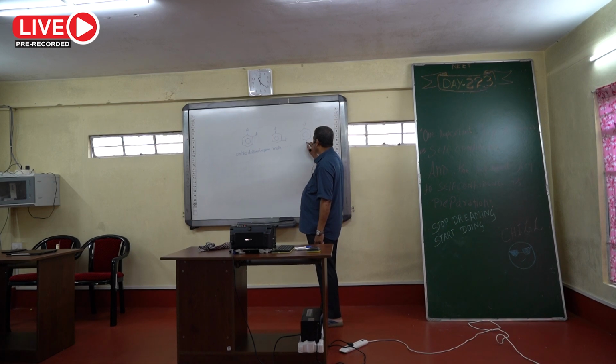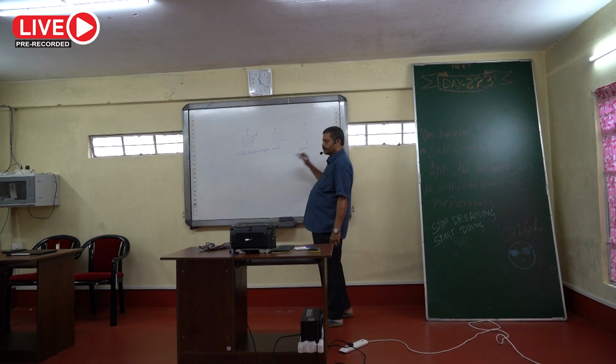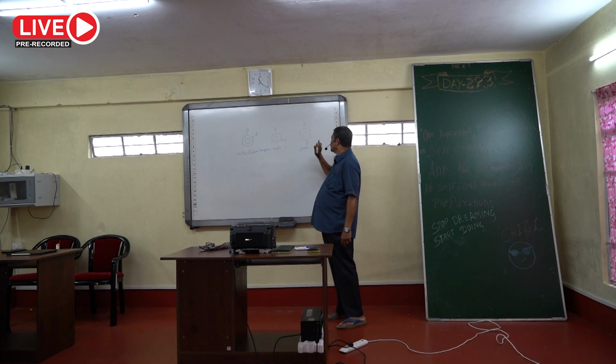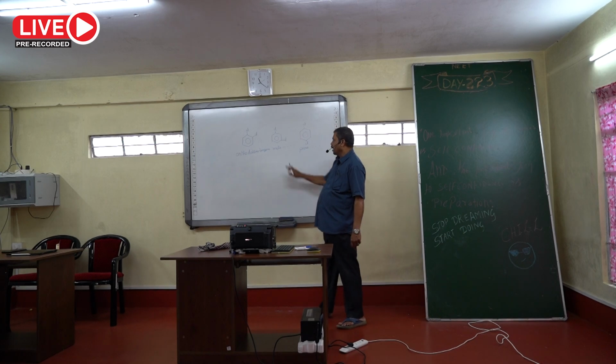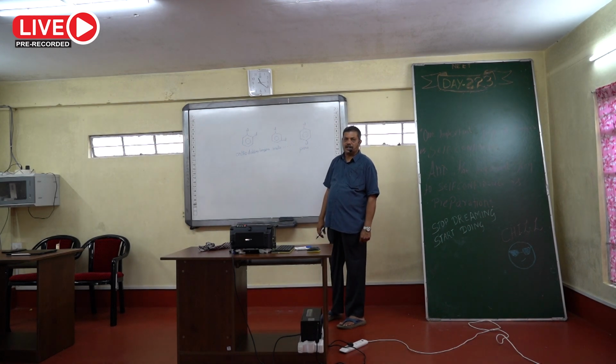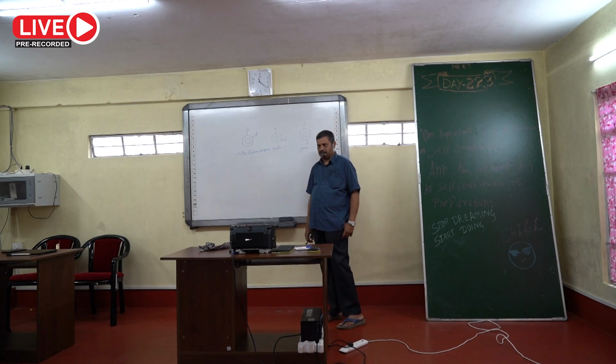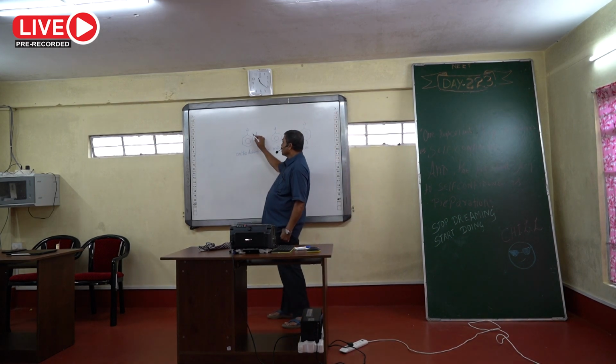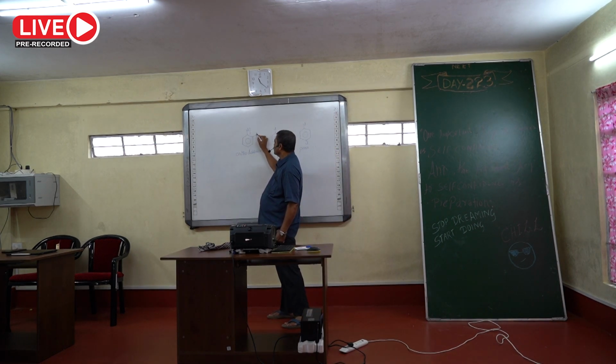This is para-dichlorobenzene. In the IUPAC system, the first one is called 1,2-dichlorobenzene, the second 1,3-dichlorobenzene, the last 1,4-dichlorobenzene. Here the two vectors and the resultant vector will be in this direction. So here mu is more.